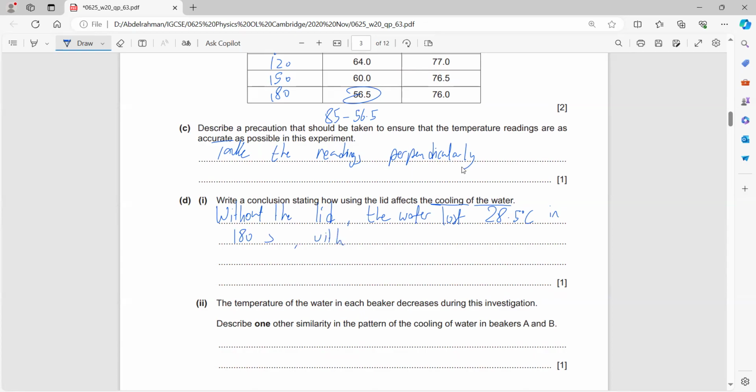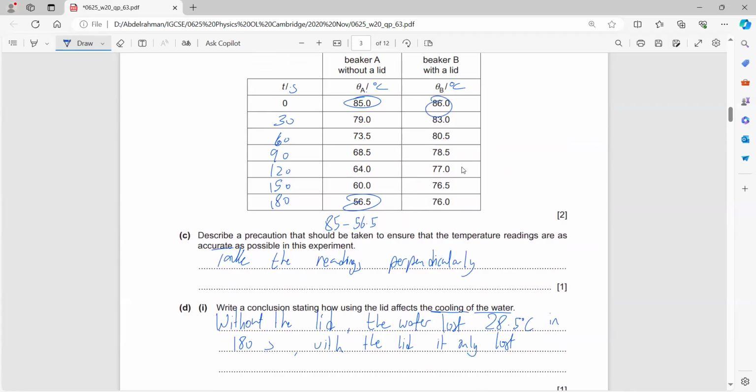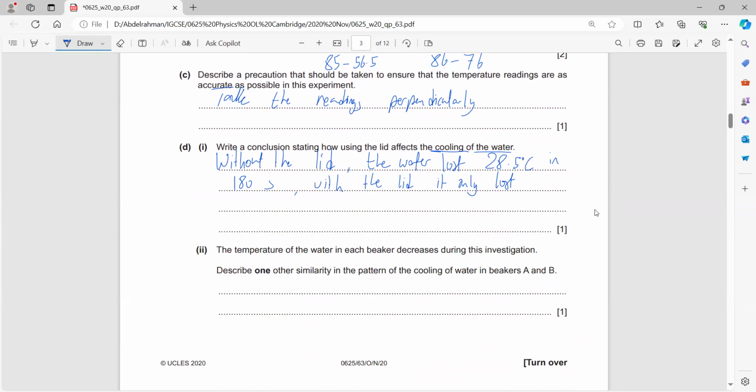With the lid, it only lost from 86 to 76, which is 10 degrees Celsius in 180 seconds, which means that the cooling rate decreases.